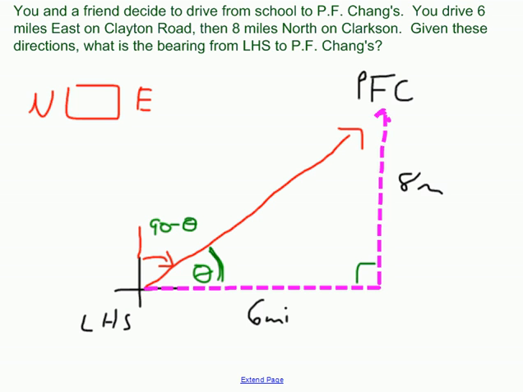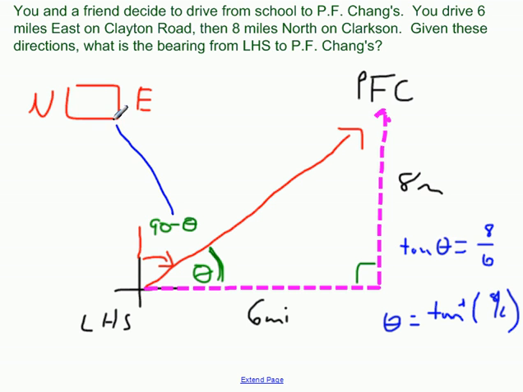I'd be curious to see what you come up with, because I kind of got you started here. Once again, what we're looking at is tangent of theta equals 8 over 6. So theta is going to equal the inverse tangent of 8 over 6. And then use that subtracted from 90 to actually find what goes there.